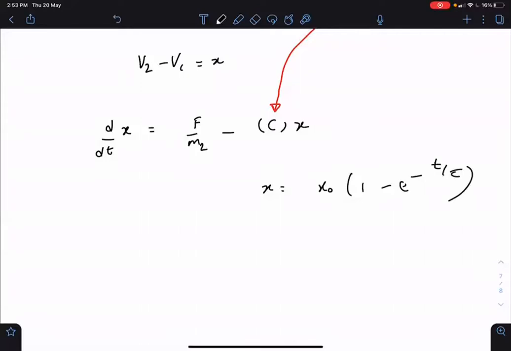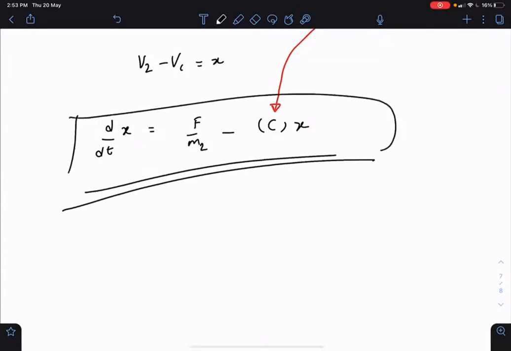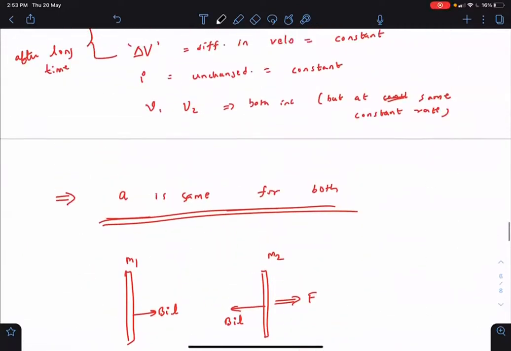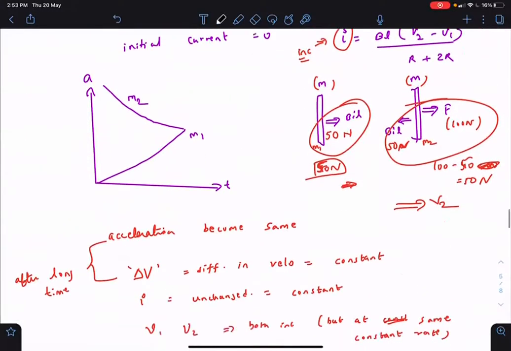So this kind of equation you will get upon integrating. This is a very simple integration. You have done it at least 1 million times. But again, I'm saying this is normally not required. What is normally not required is finding the final acceleration and all those things. Okay, so then let me give you a question.